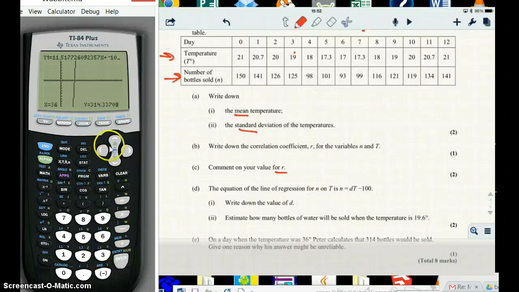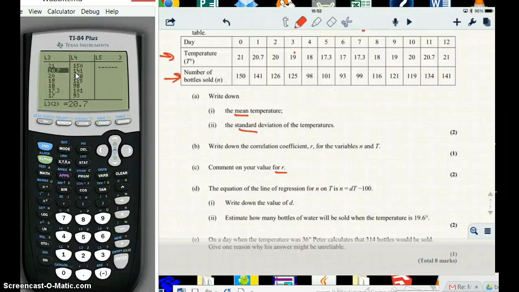Okay, and then we go to stat, edit, and I put all these already in, let's see, I put them in L3, L4, so we can see 21, 150, 20.7, 144, 20, 126, 19, 125, 18, 98. So I put all these in here already, to save time. So you're going to do that, put them into stat edit.